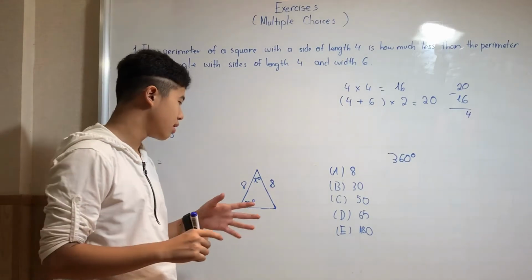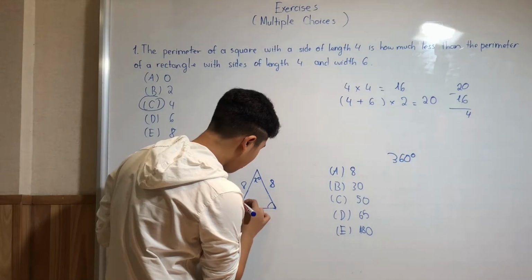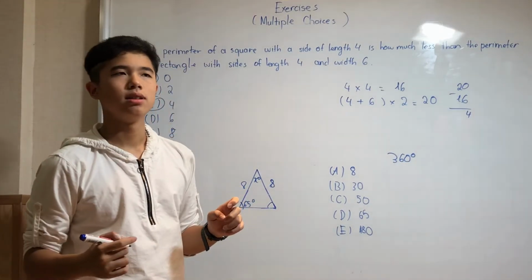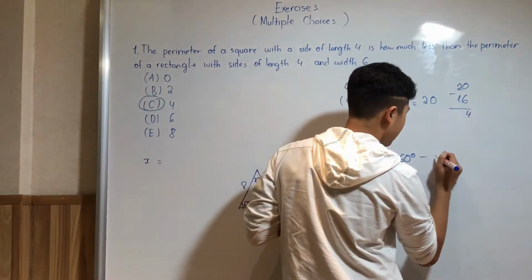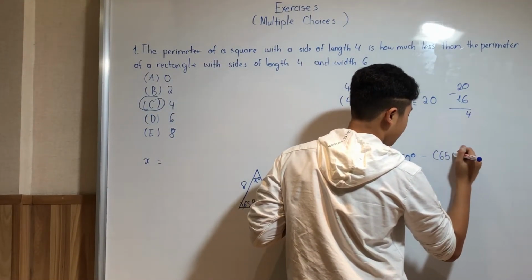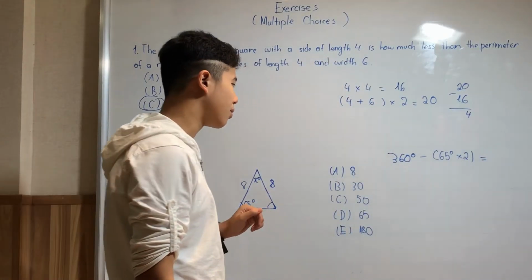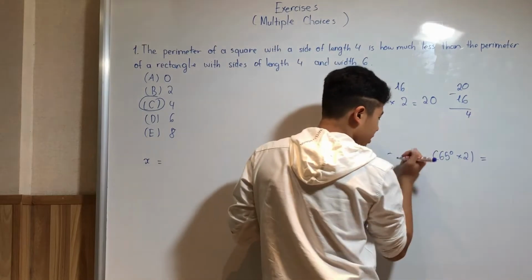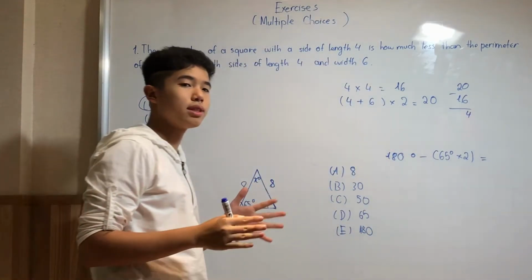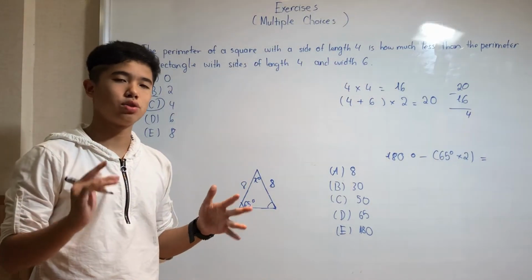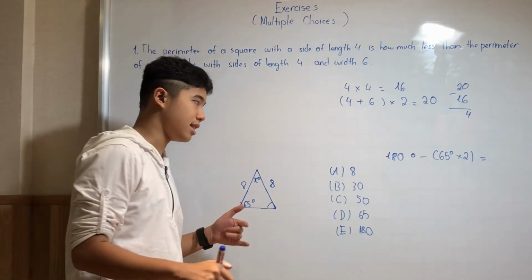In an isosceles triangle, 2 of these corners will be the same. So basically, we're going to take 360 minus 65 degrees times 2. Oh, this one is 180 actually, 180, not 360. 360 is for the square or the rectangle, but the triangle is 180.